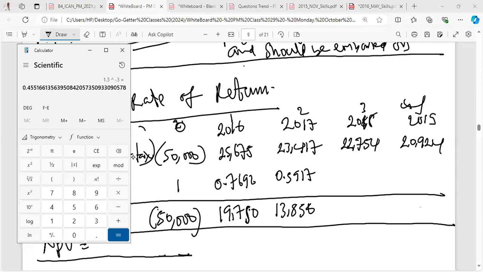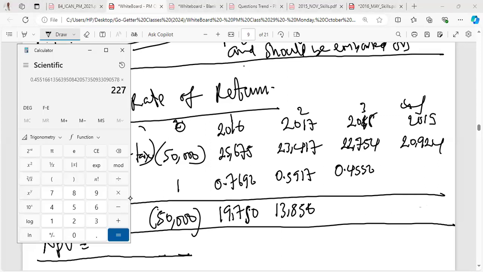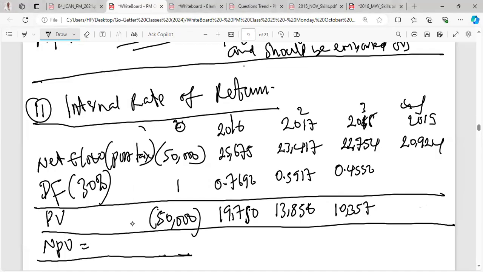That's 4,552. Take it and multiply it straight by 22,754. That gives you 10,357.